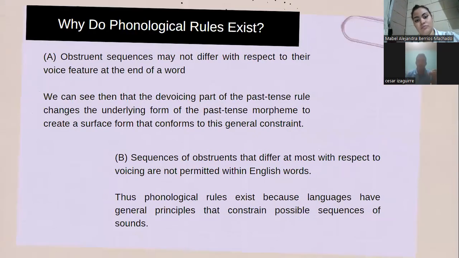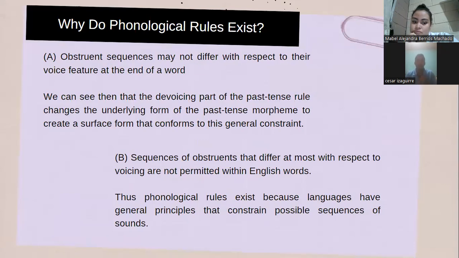Why do phonological rules exist? Well, we have two points, A and B. In A, obstruent sequences may not differ with respect to their voice feature at the end of the word. We can see that the voicing part of the past tense rule changes the underlying past tense morpheme to create a surface form that conforms to this general constraint.